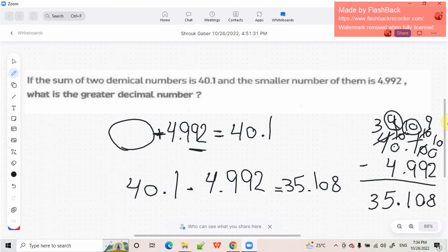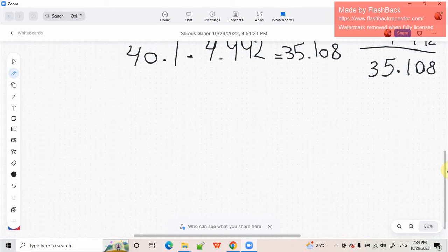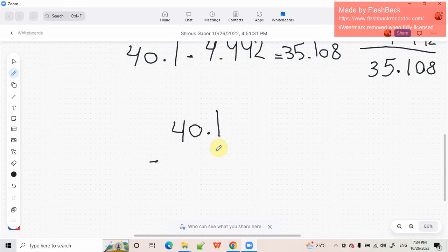To find it, we must subtract the small number from the total number. Here I have the total number 40.1 minus 4.992. We must make a balance, so I will put 2 zeros.